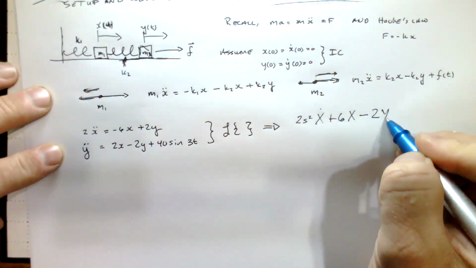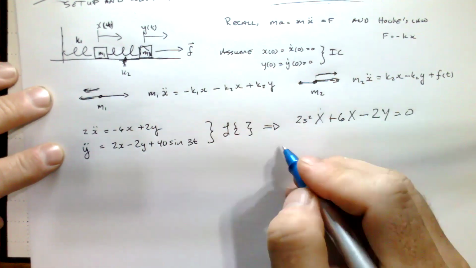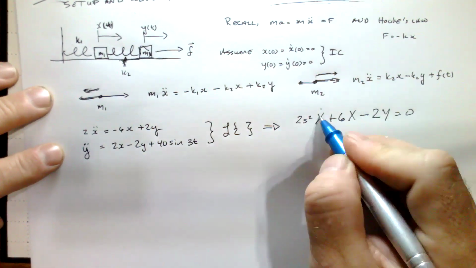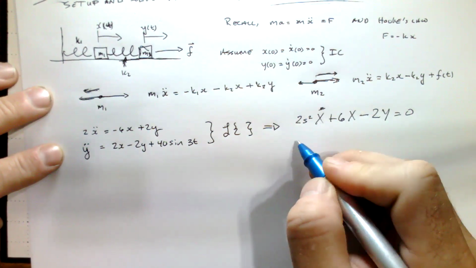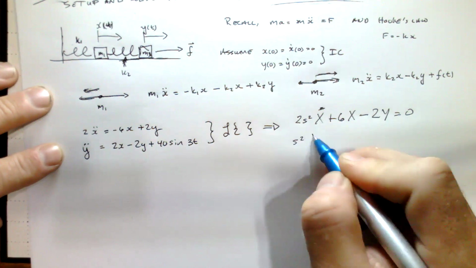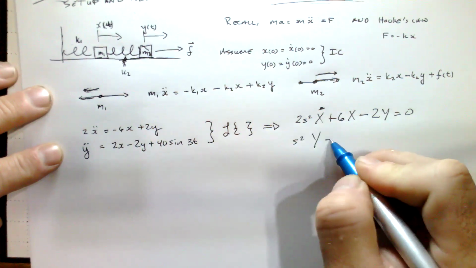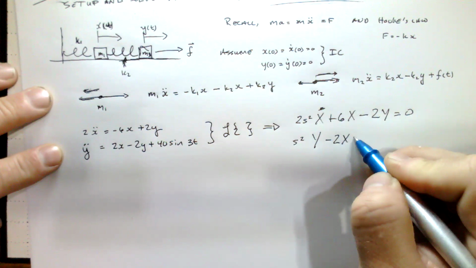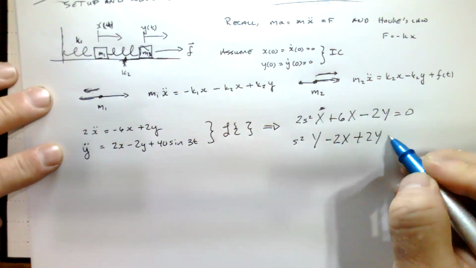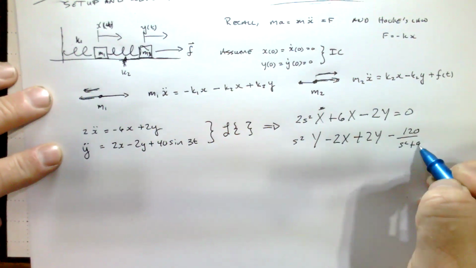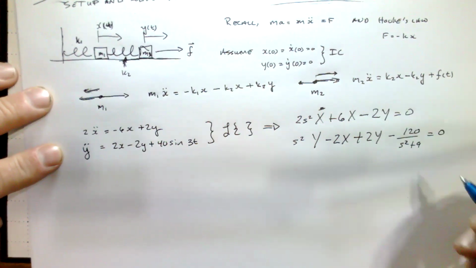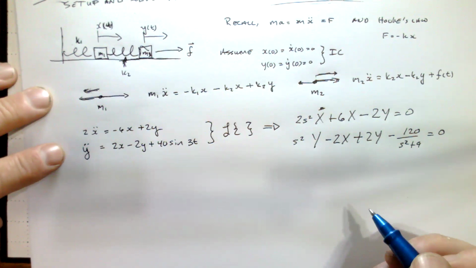And then the second equation: s squared Y minus 2X plus 2Y minus 120 over s squared plus 9 equals 0. All right, so there is our system.